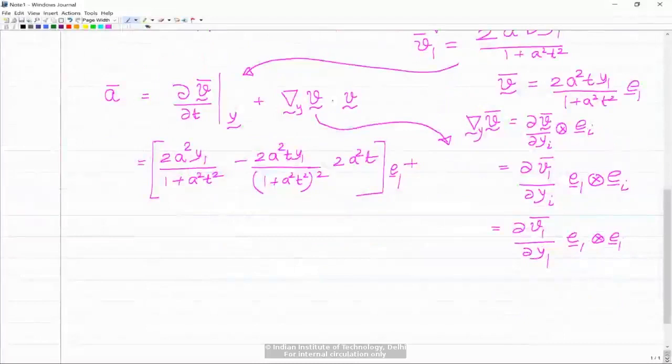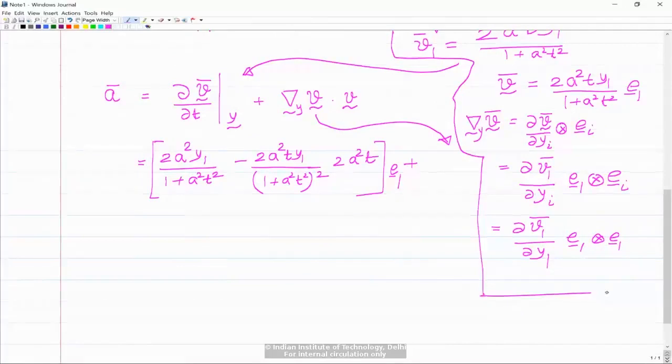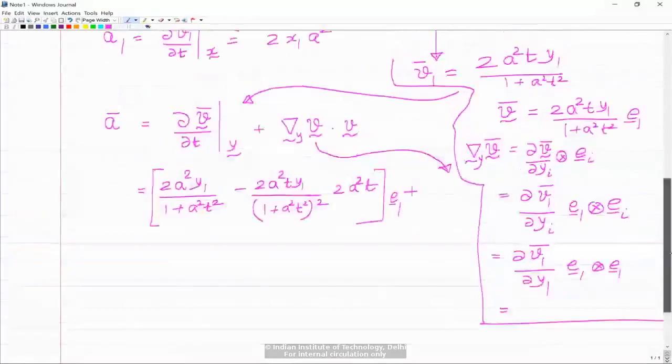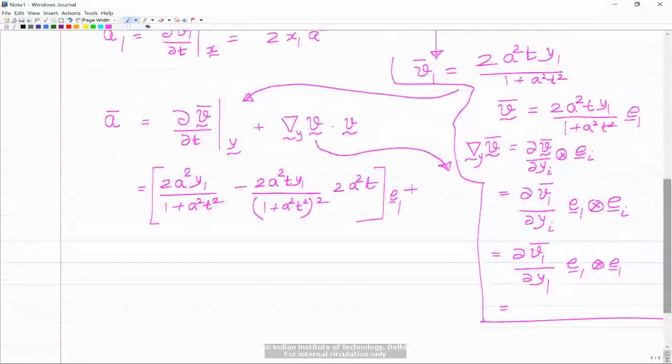Okay, so now we have this formula for the Eulerian gradient of velocity, and that we can put here in the solution that we're working out. So we have the Eulerian gradient, which is del V1 bar by del y1. Looking at the formula for V1 bar, it is simply 2 times a square t divided by 1 plus a square t square of e1 tensor product e1.